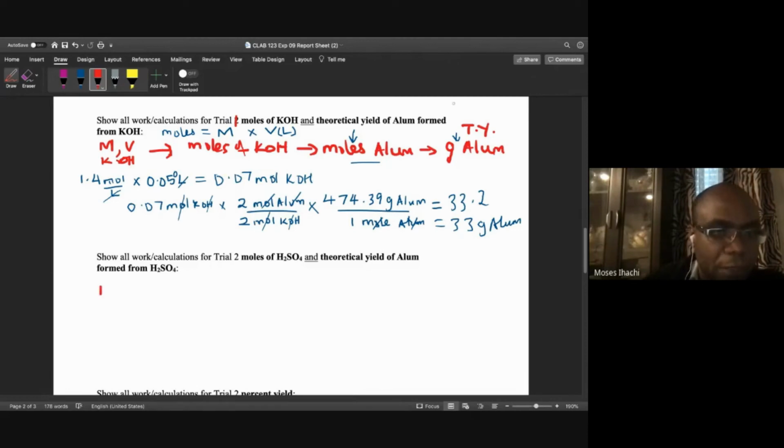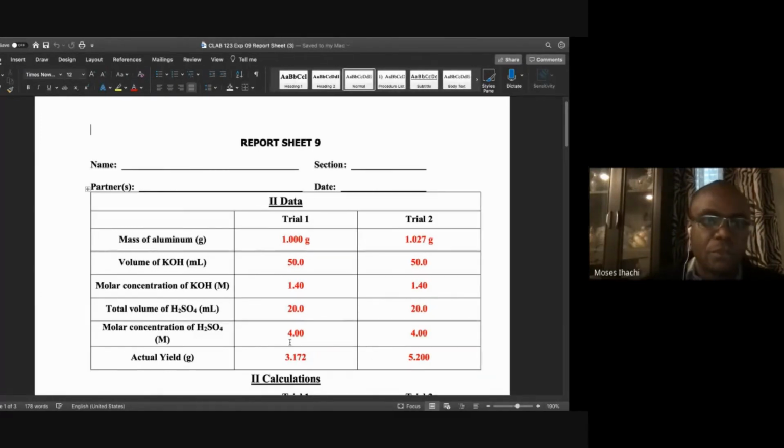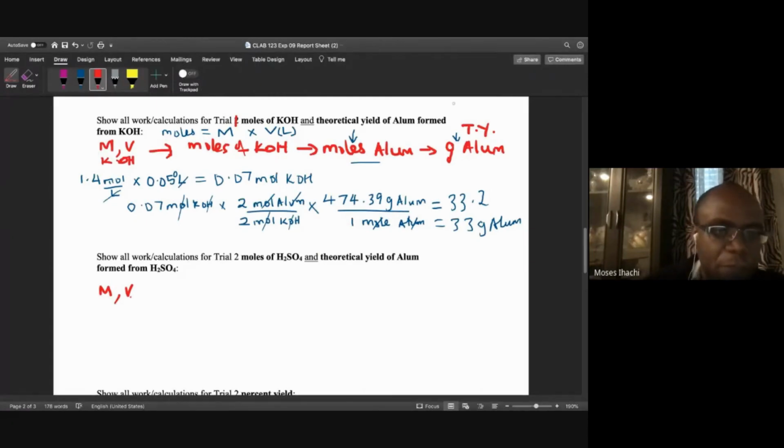The volume of the acid is 20 ml, and the concentration of the acid is 4 molar. So again, I don't want to use the volume in mLs, I need it in liters. So I have 4 moles per liter.